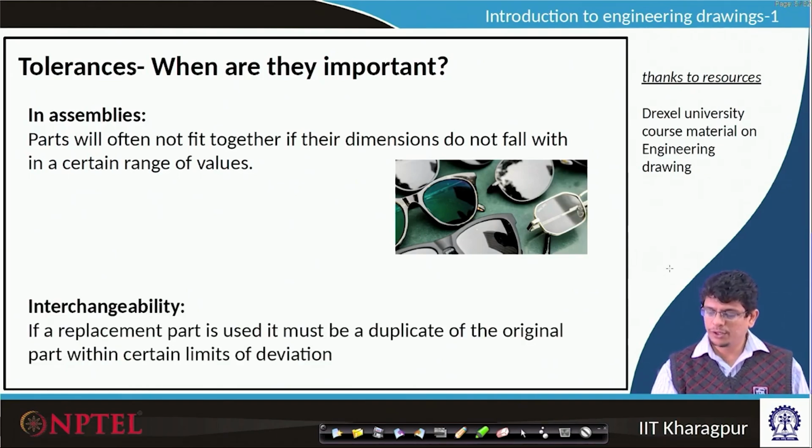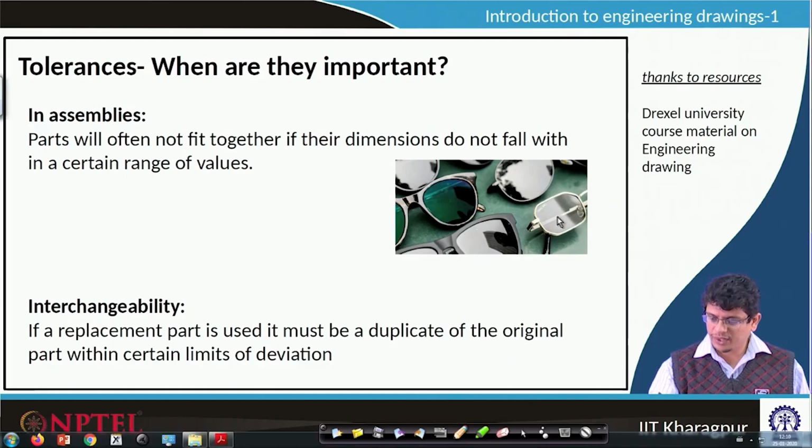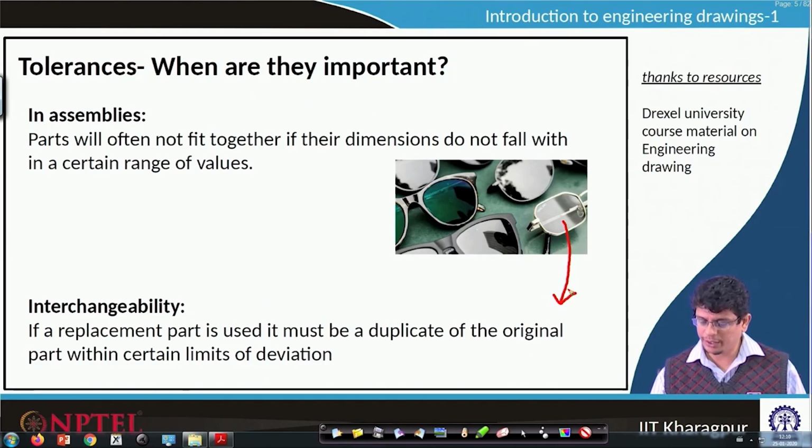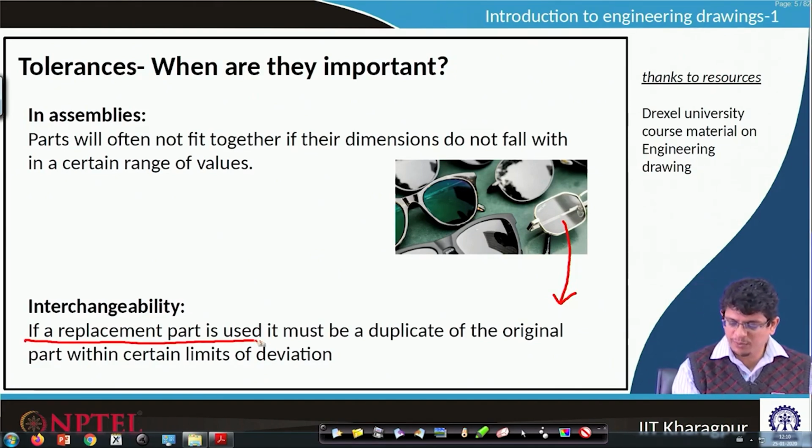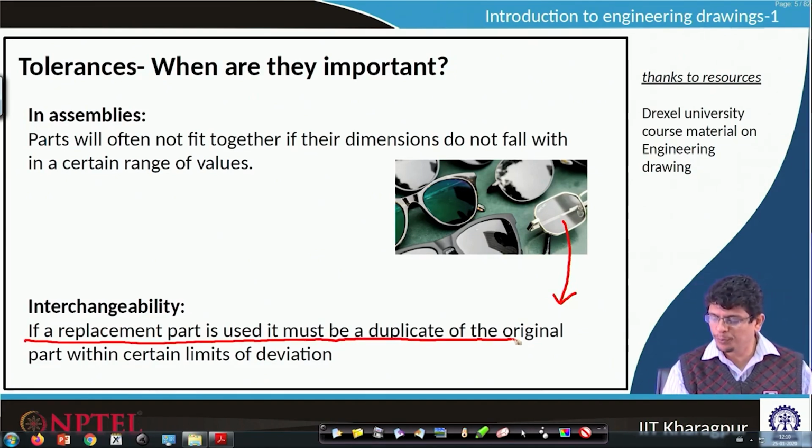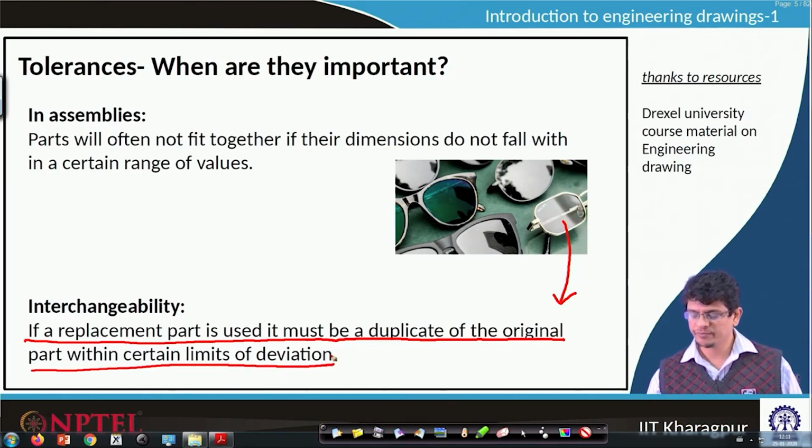For example, you broke one of the glasses and you would like to replace it. If a replacement part is used, it must be a duplicate of the original part within certain limits of deviation.